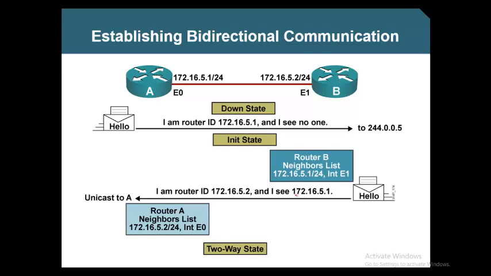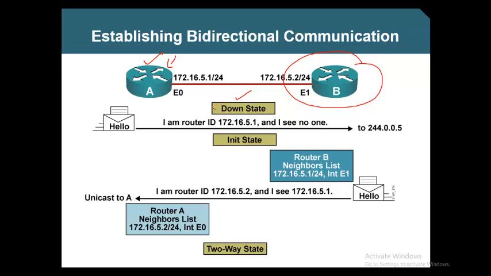For example, we have enabled OSPF on this router, not on this router. So what will happen to the OSPF adjacency? It will be in a down state. Down state. Because one side only you have enabled.